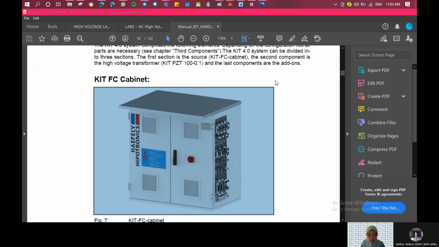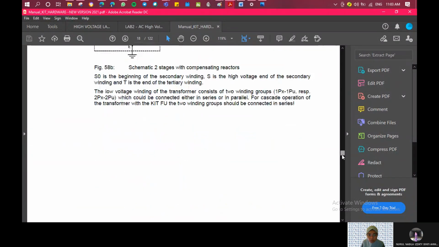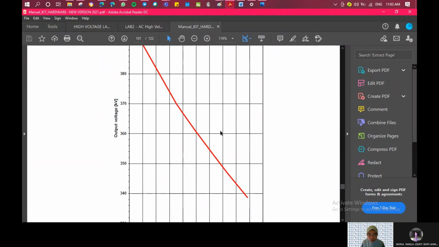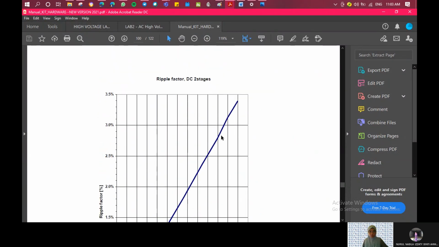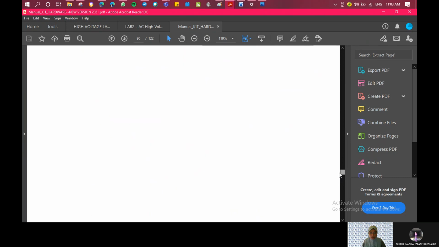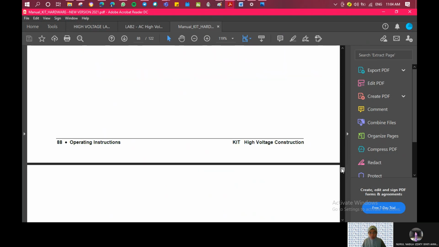Wait, let me search for it. That green box.